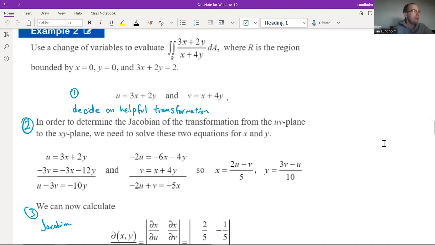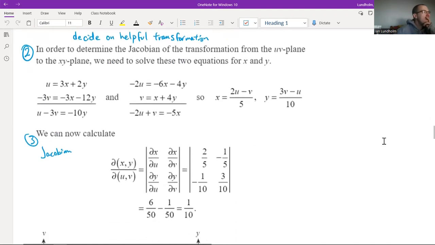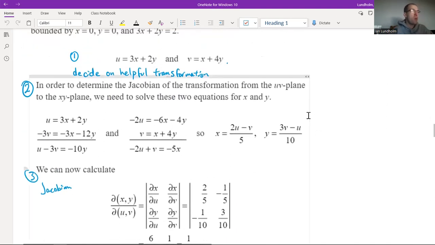So yeah, solving those equations for x and y. I think in class on Thursday, we used more of a substitution type of strategy. Here, we're using maybe more of an elimination type of strategy where maybe we multiply the second equation by -3, add those together to get rid of the x's.